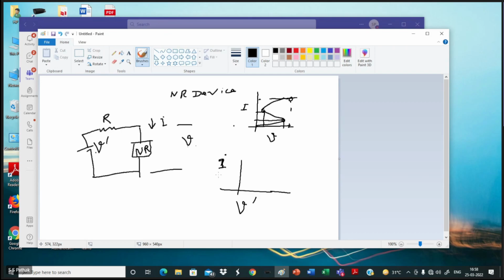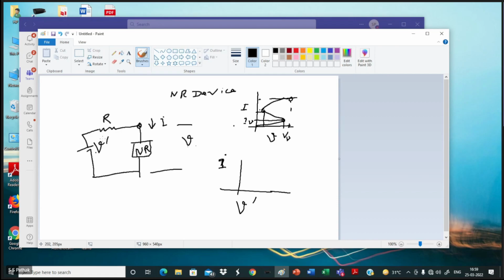Is that okay? So what I do here, I'll find at this point two equations. One is this, one is this. This is given, this is given. That means when this current I is this IV and this voltage is VV in the characteristic curve, what is going to be the equation for V dash now?